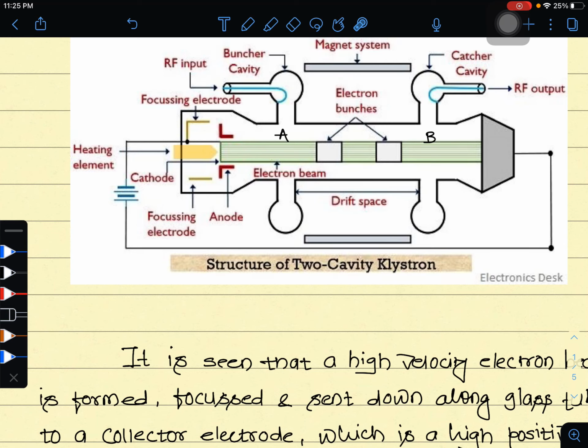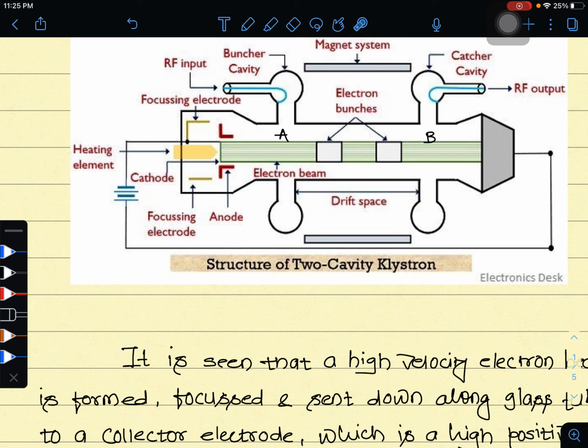This drift space gives the transit time. In the use of gaps, the voltage across this sufficiently changes the passage. Now, what is the meaning of that particular word?